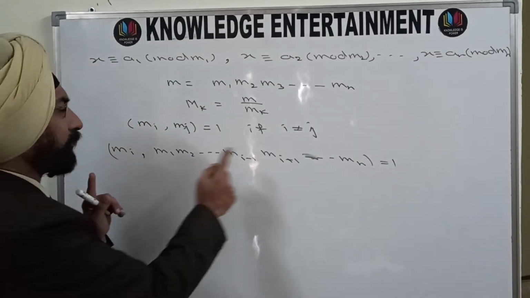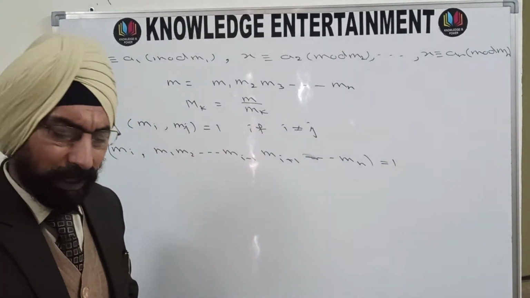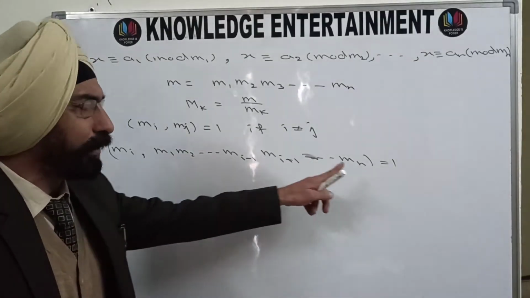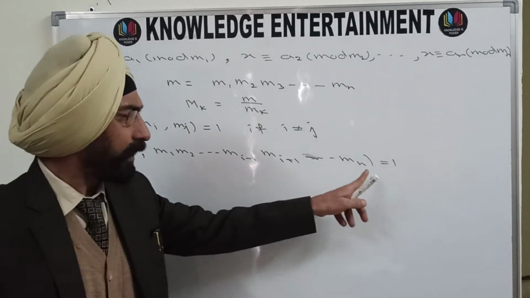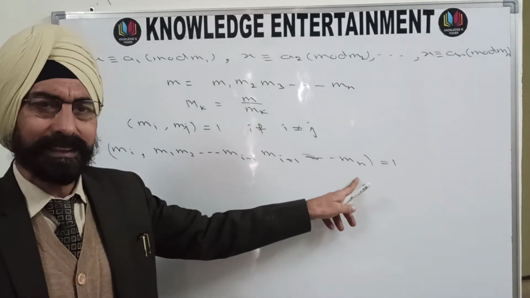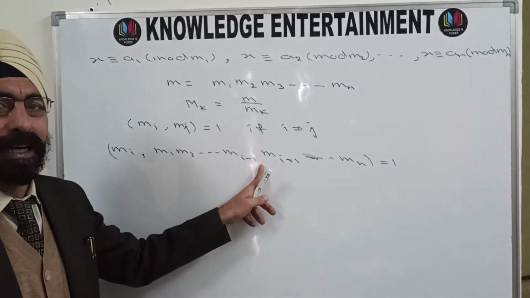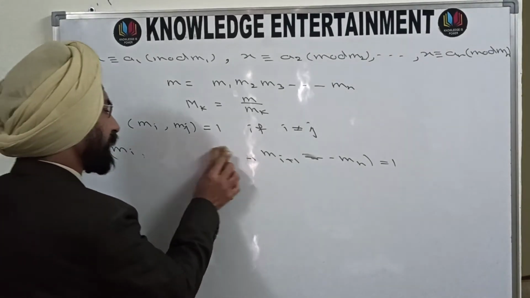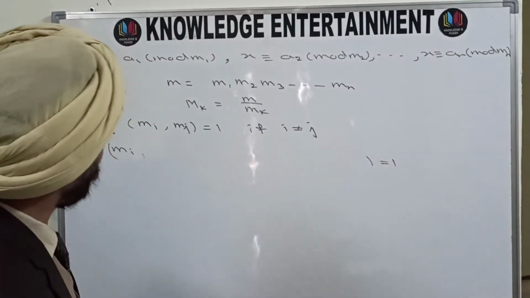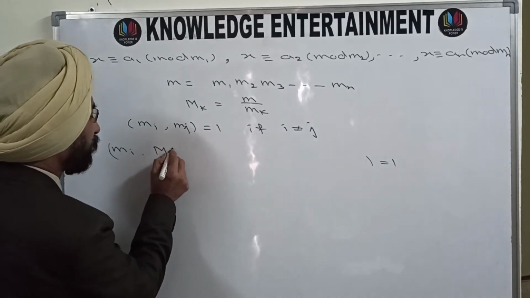So the GCD of mi with the product of these numbers is also 1. In this product you have all mi's other than the particular small mi, so this is your capital Mi.